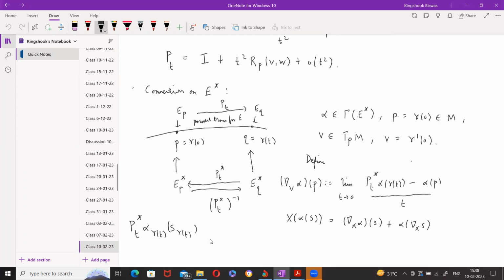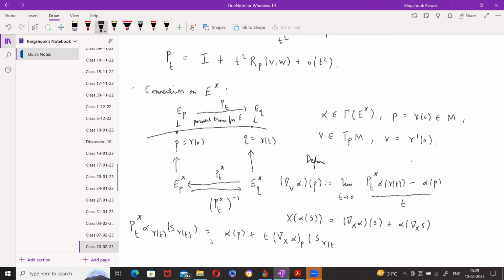So that is going to be alpha at P plus t times nabla X alpha at P applied to S of gamma t.